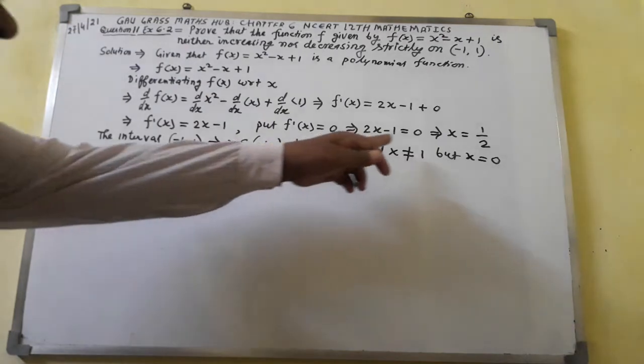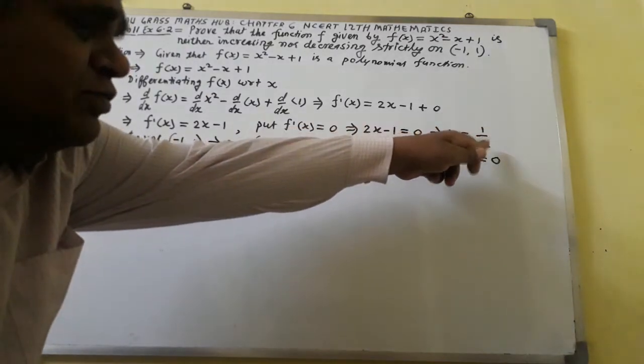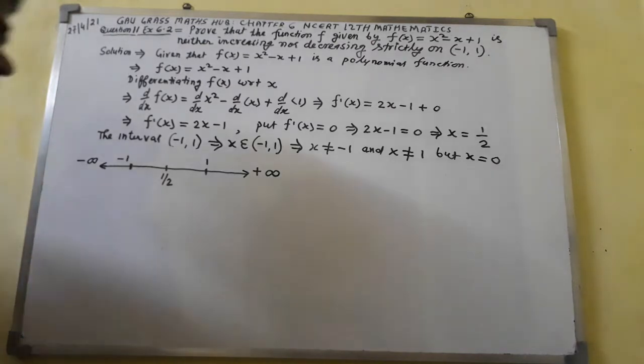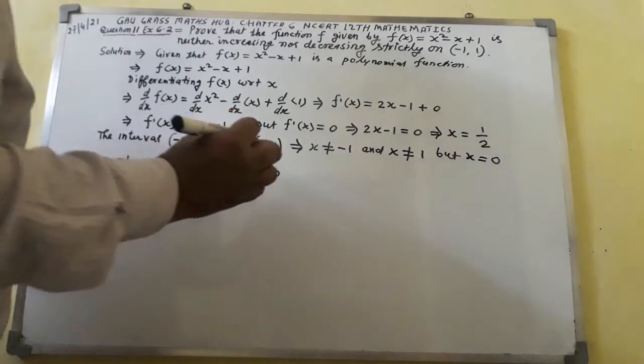So here I have got x = 1/2. With the help of the point x = 1/2, I shall form two intervals.